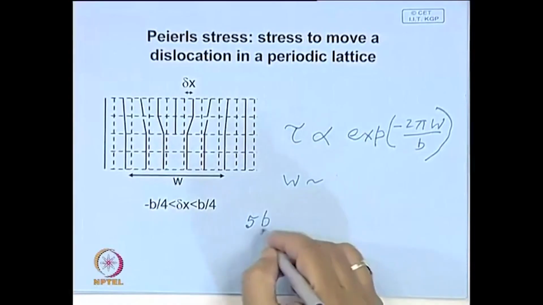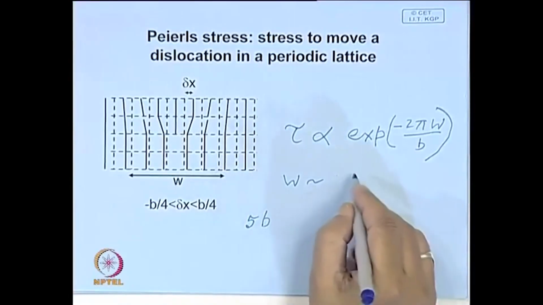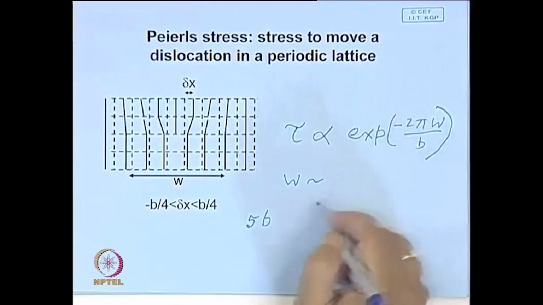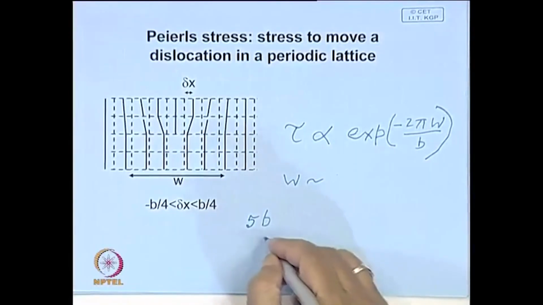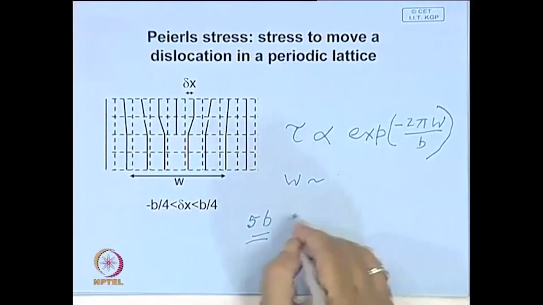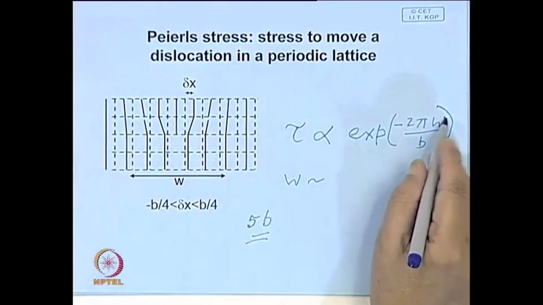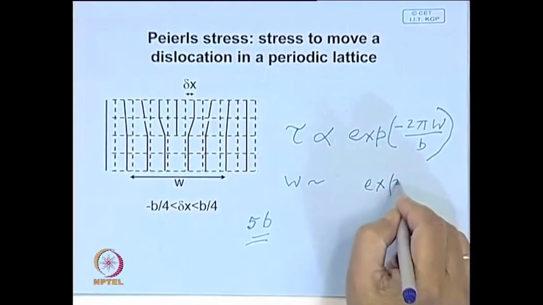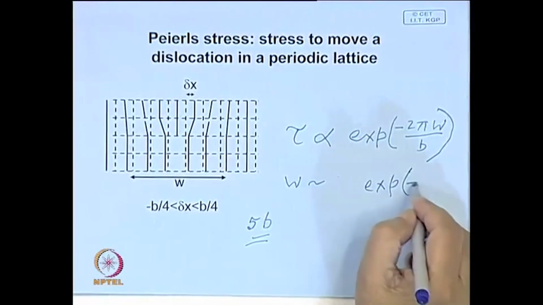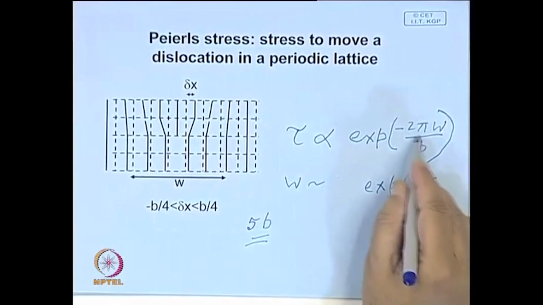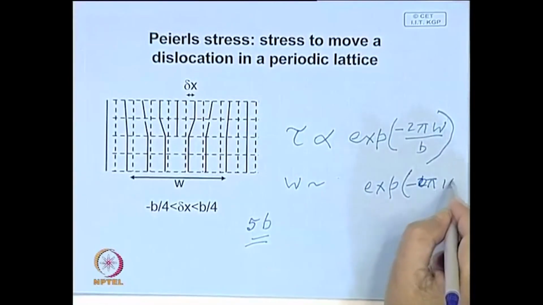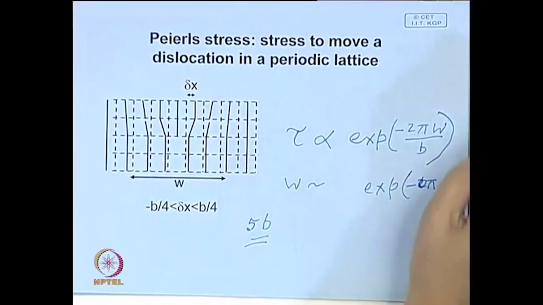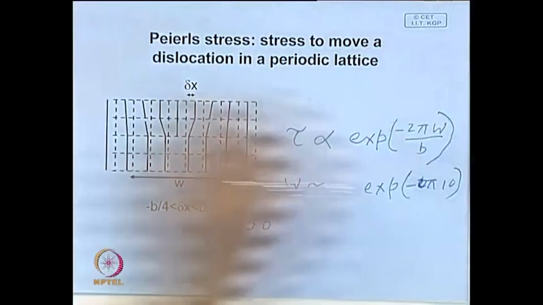It may be a little more, maybe 10 times that. If you substitute that, you will find it extremely low. Suppose we substitute 5b as the dislocation width. In that case, e to the power minus 2 pi times 5, or pi times 10, so about 30, e to the power minus 30. That means this stress is extremely low.